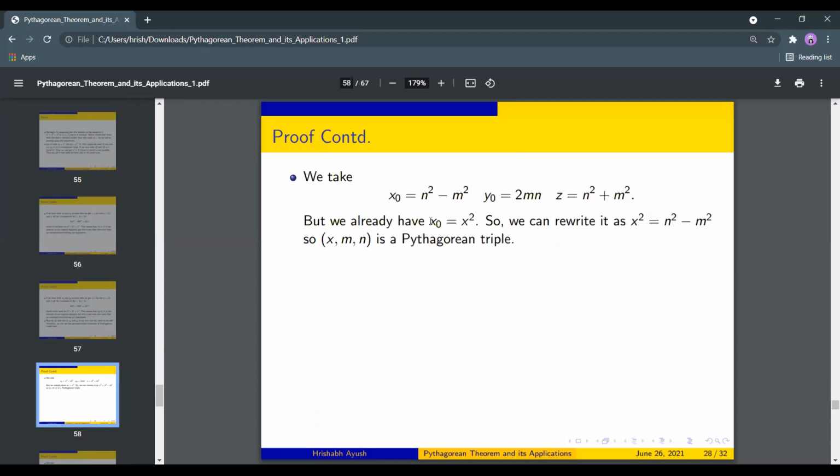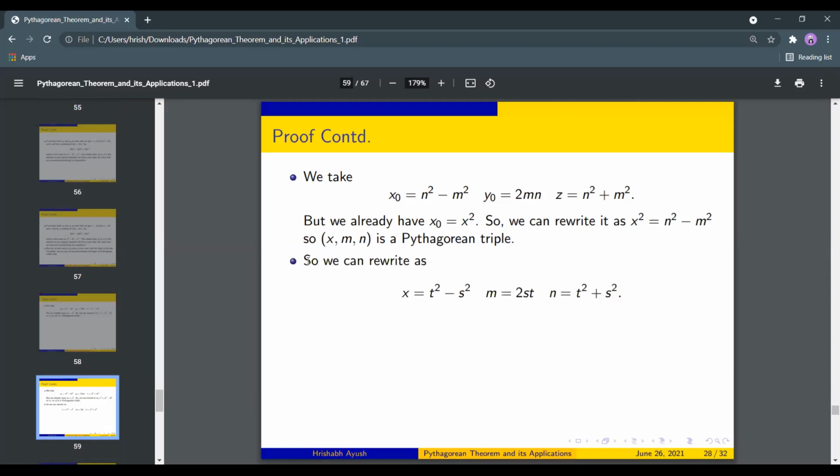So we are substituting x naught equals x square again, and we find that x square is equal to n square minus m square. But you can move this m square to the left side, and it will become m square plus x square equals n square. So x, m, n would be a Pythagorean triple. We actually don't know if it's primitive or not.